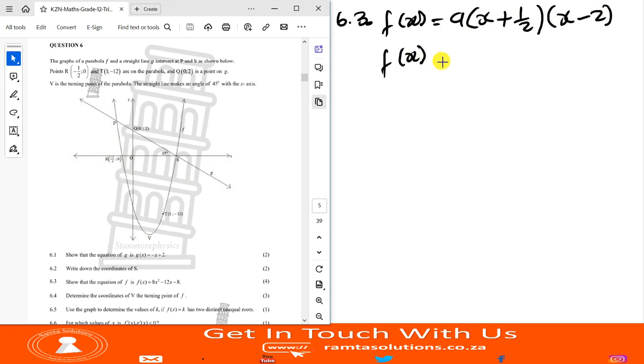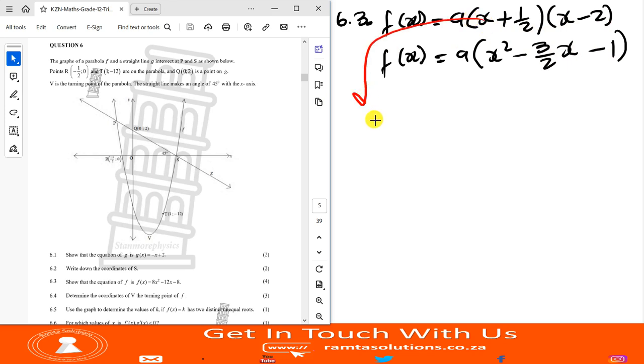So f of x equals a into x squared minus 2x plus half x minus 1, so it will be minus 3 over 2x minus 1. If you are not sure how you got that, you're using the FOIL method.